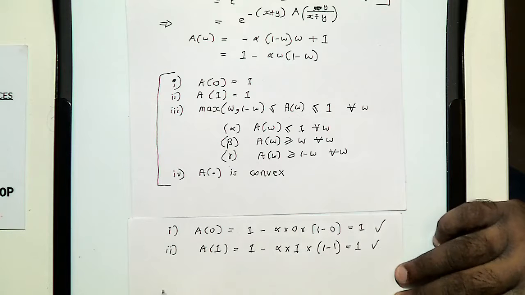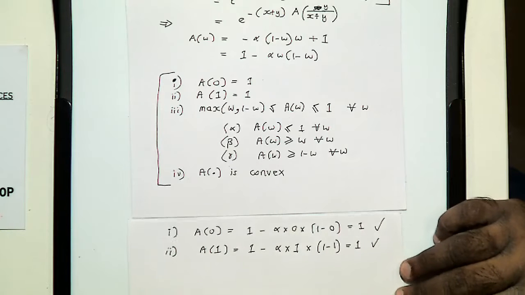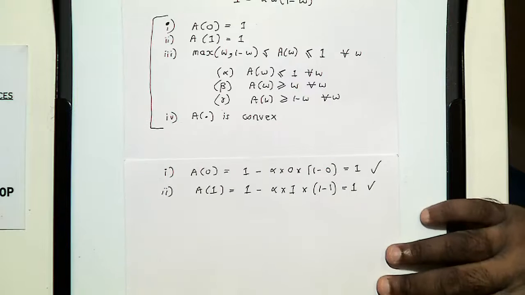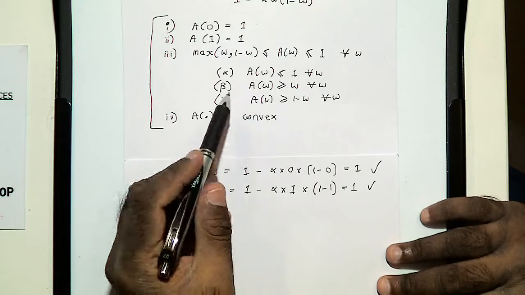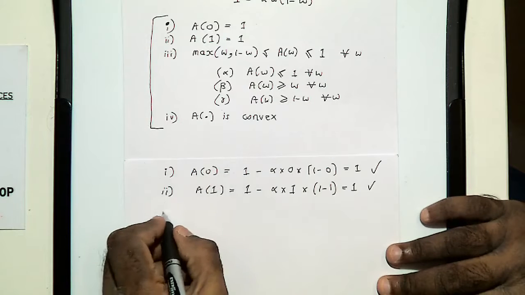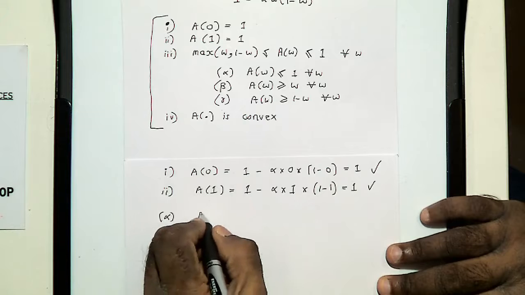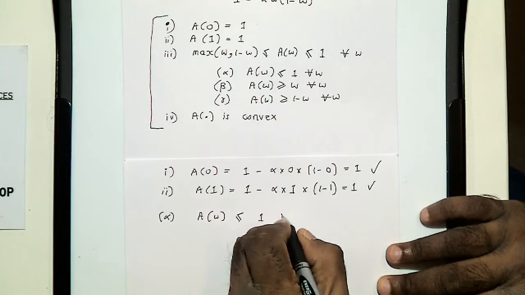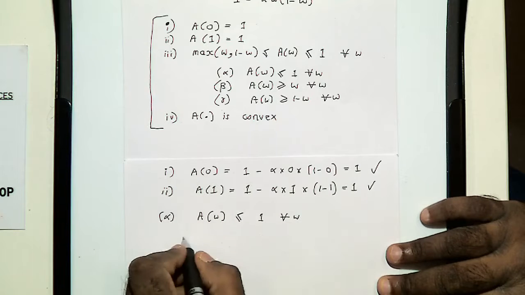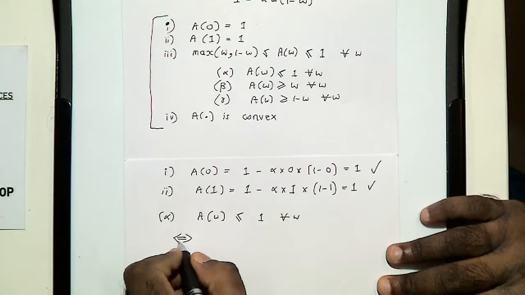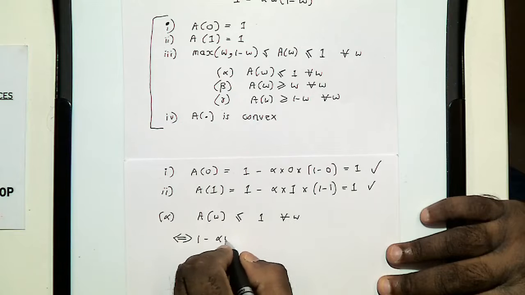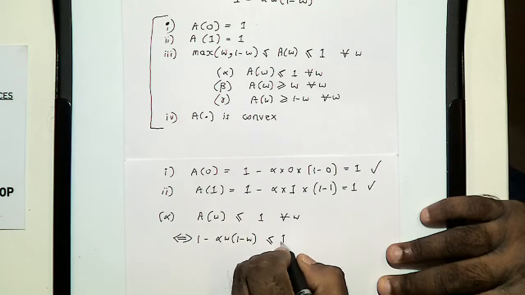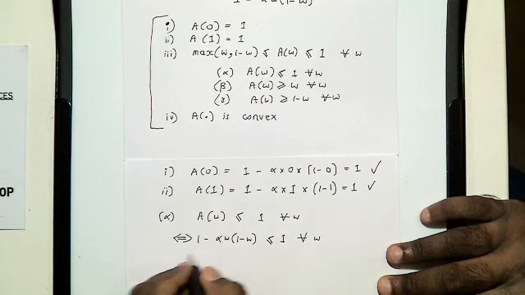So condition 2 is satisfied. Now to check condition 3, we need to check each of these conditions, alpha, beta, gamma. Let's start with alpha, which says that A of omega must be less than or equal to 1 for all omega. That implies that 1 minus alpha omega times 1 minus omega is less than or equal to 1 for all omega.